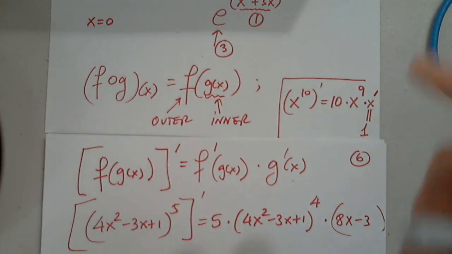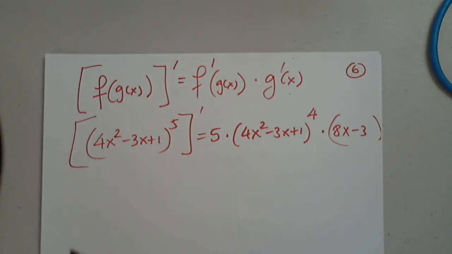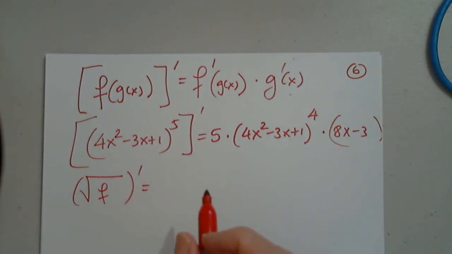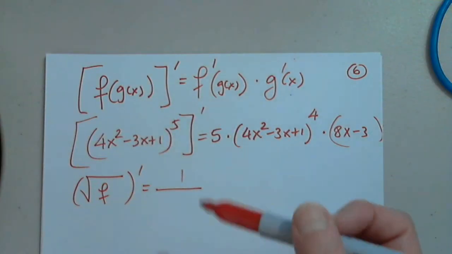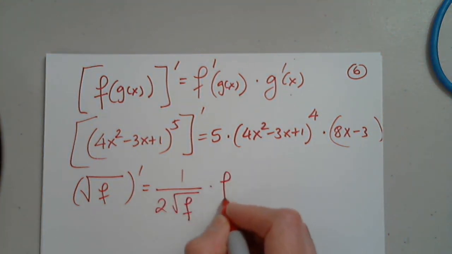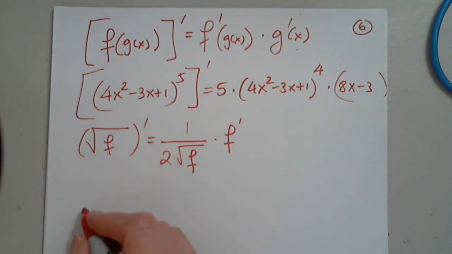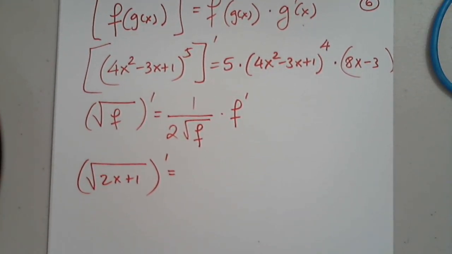So that's why I recommend the shortcut for square roots. The square root of a function, one more time, now we can write it, of course this is a combination with power rule. So this is f prime over 2 times the square root of f. Now Nick was asking about the square root of 2x plus 1. How do I find the derivative without using the long definition?